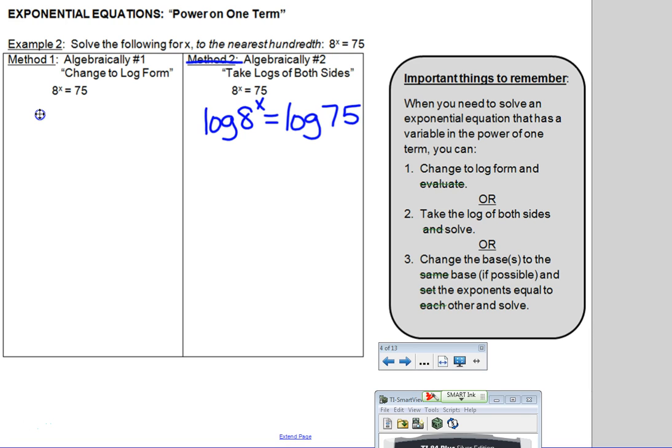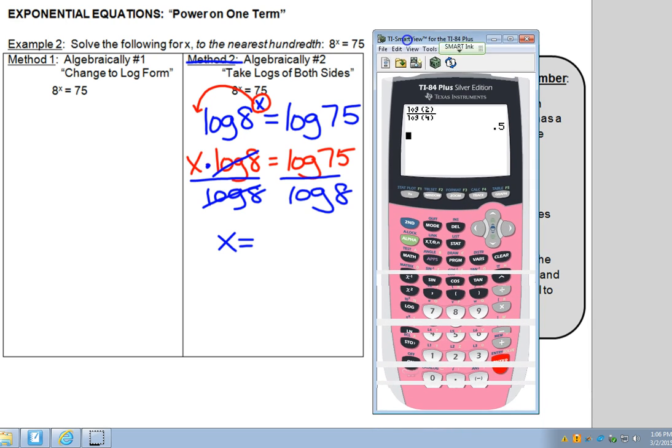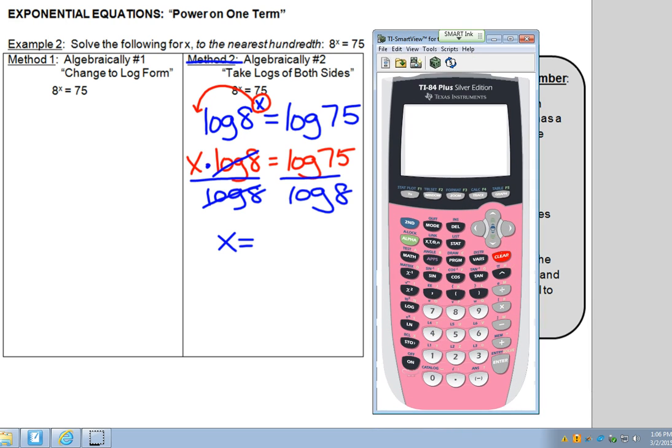So what happens now is our log rules say that we can move the x power in front. And now what I can do is I can get rid of this times by dividing out log of 8 to get x by itself. These two will cancel. And then in my calculator, I will do that because that's a little bit too hard to do in your head.